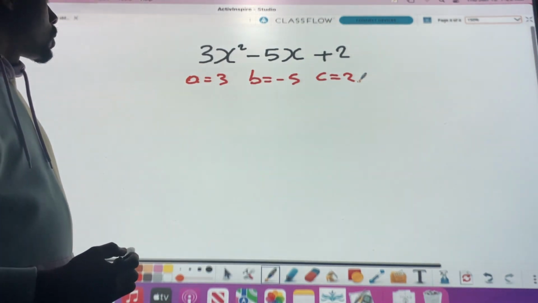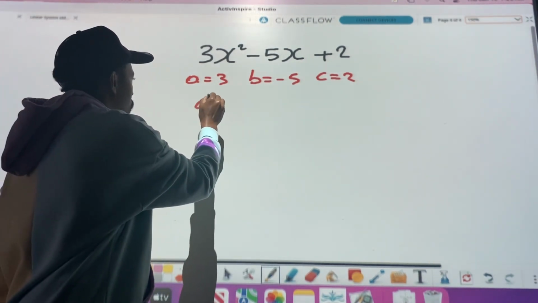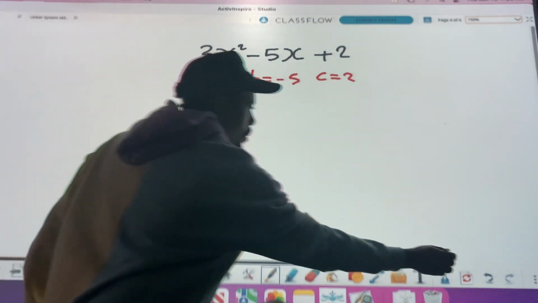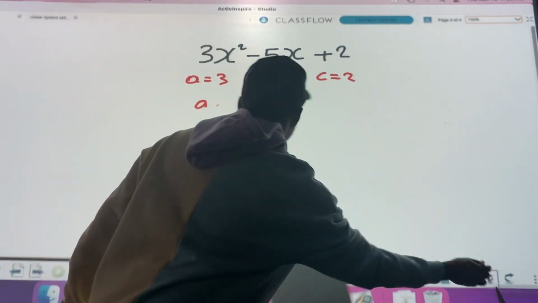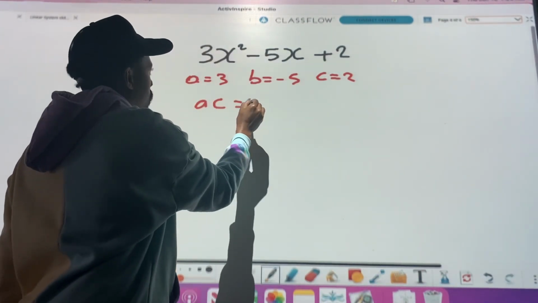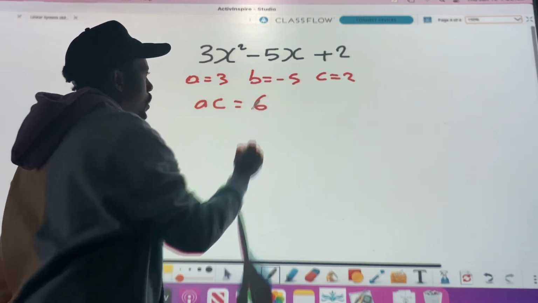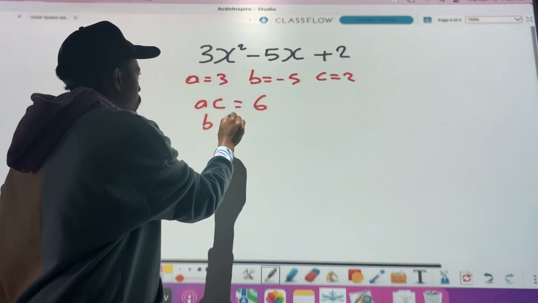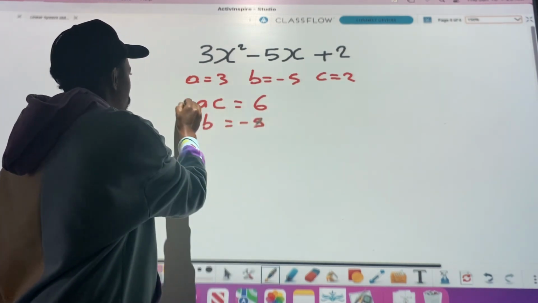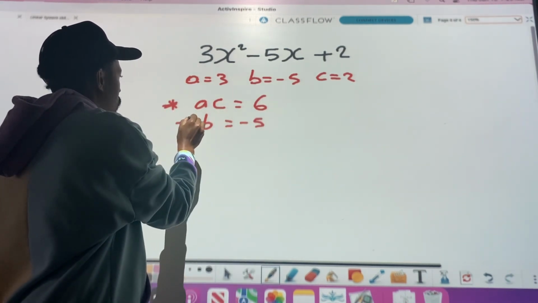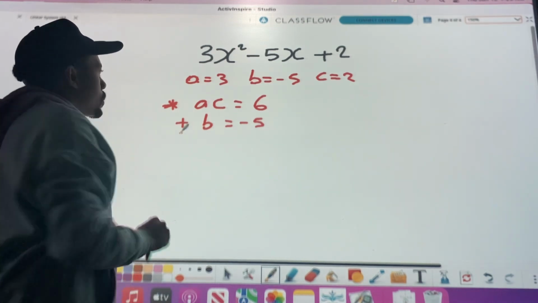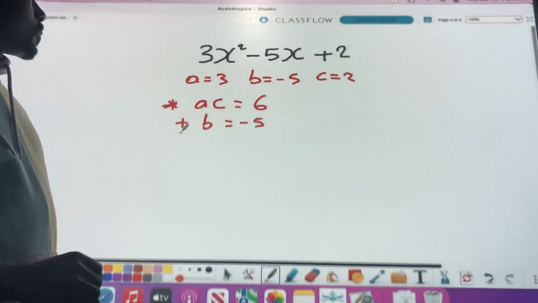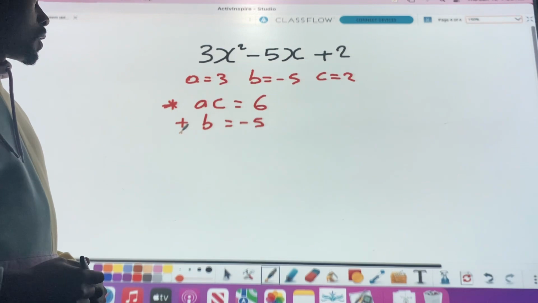So we need two numbers multiplying to ac, which is 3 times 2, 6. Two numbers multiplying to 6 that add to minus 5. Two numbers, when you multiply them you get positive 6, when you add them you get negative 5.